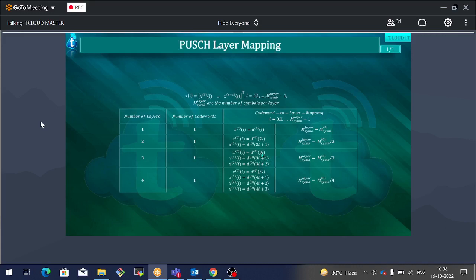That means you have 0, 3, 6, all grouped as one. 1, 4, 7 would be grouped as one, like that. So 2, 5, 8 would be grouped as the other. Otherwise, 4 by 4, a 4-way split. Whatever the available symbols are, you are dividing them to form that multiple number of layers.